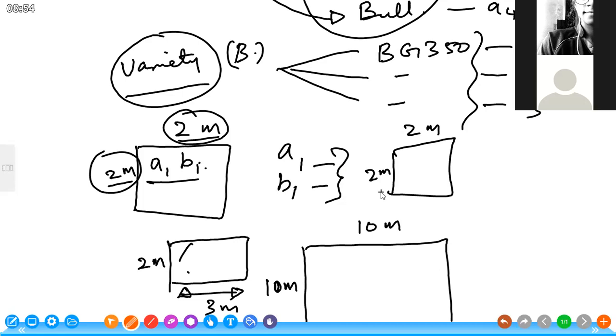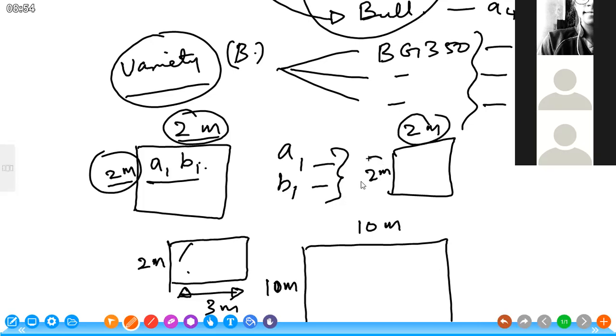So roughly, how many plants do you get in 2 into 2 meter width and length? Let's say we divide 200 into 200 by 15 into 5 centimeter.